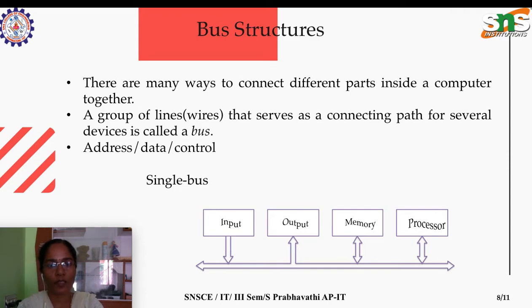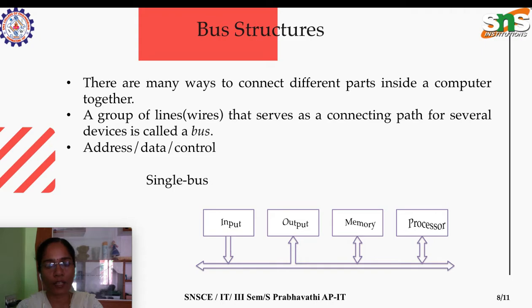Okay, so bus in the sense it has wires. As I told you, your data is stored in the computer system in terms of ones and zeros, binary system, is it not? For example, if your data is an 8-bit number, you will have 8 lines, one line for each bit.